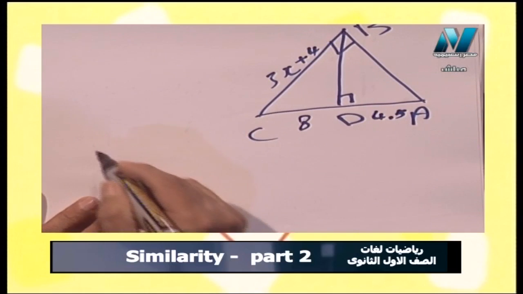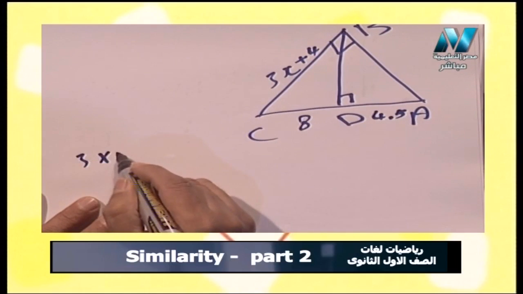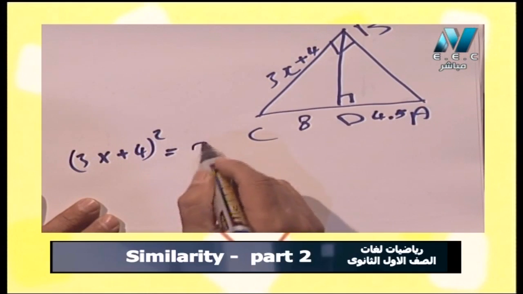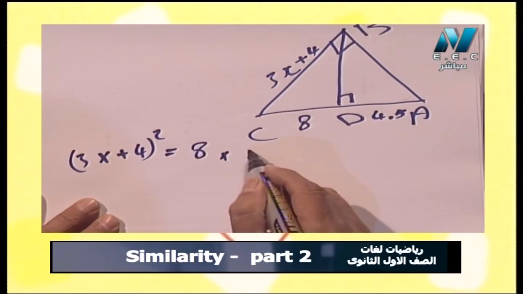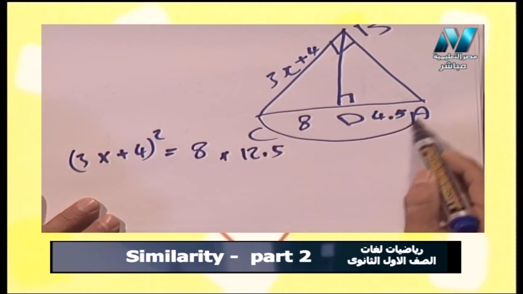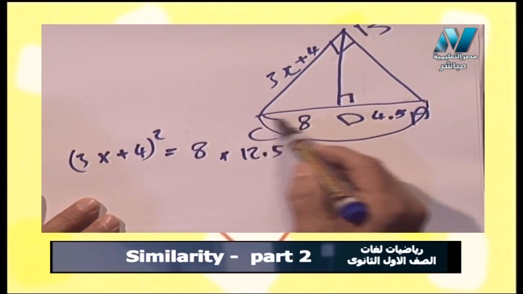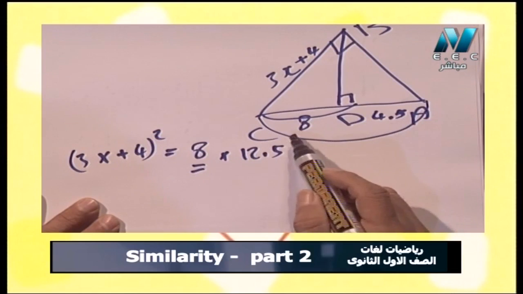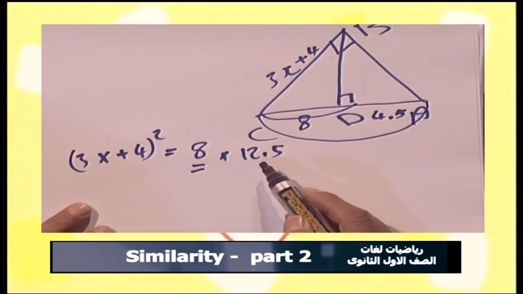So (3x + 4)^2 = 8 multiplied by 12.5, which is CA. CD here equals 8, multiplied by 8 + 4.5 equals 12.5.